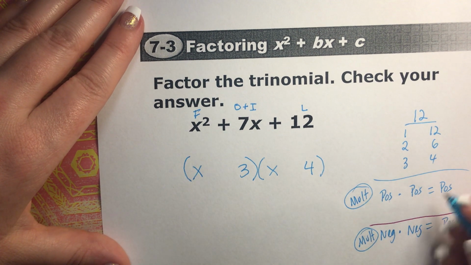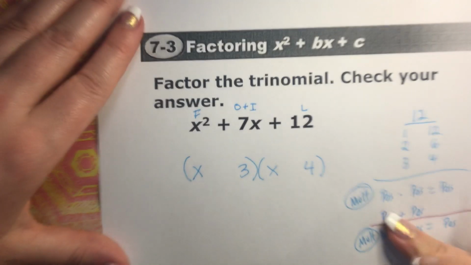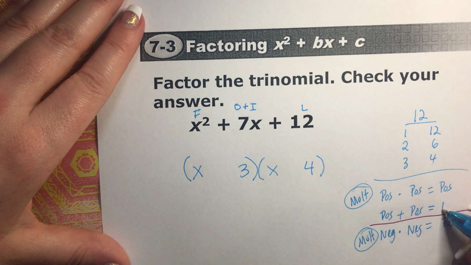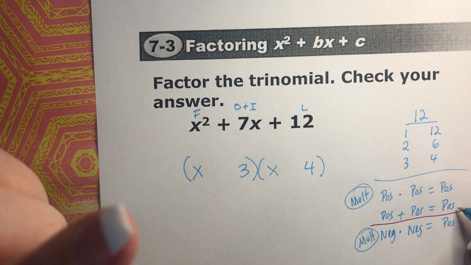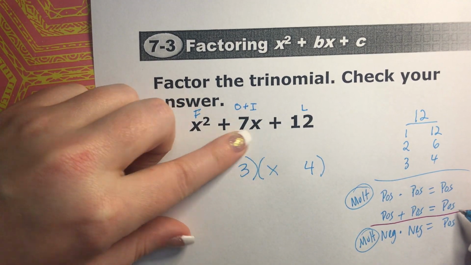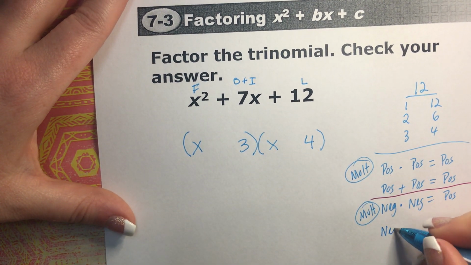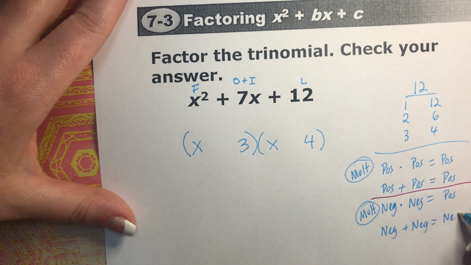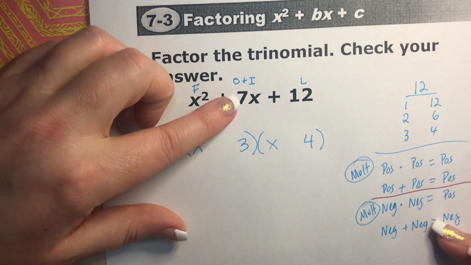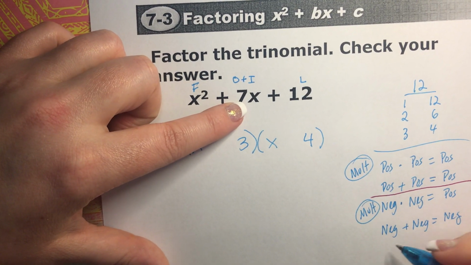So if they're both positive, I'm adding a positive and a positive, which gives me a positive number. And this is my middle term, right? So I want to see, is this positive? Or if I add a negative plus a negative, that's going to give me a negative number for that middle term here.